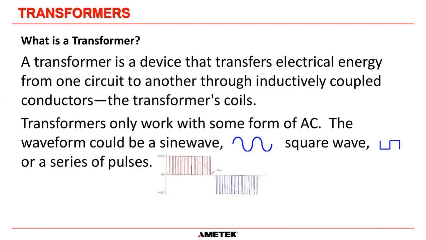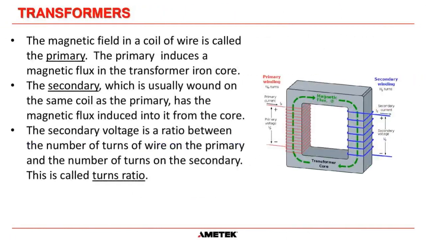A transformer is a device that transfers electrical energy from one circuit to another through inductively coupled conductors. Transformers work with some form of AC. The waveform could be a sine wave, square wave, or in some inverters, it's a series of pulses. Here we're showing a transformer, basic coil and so on.